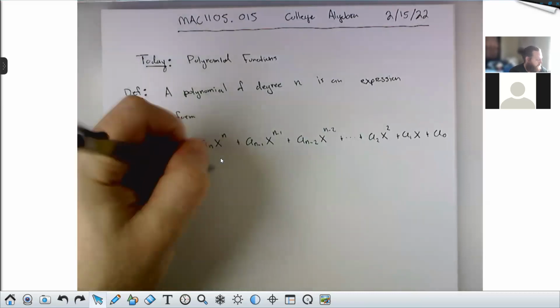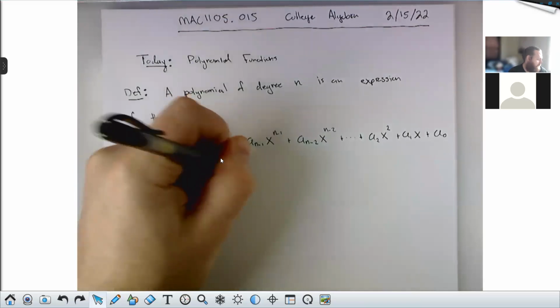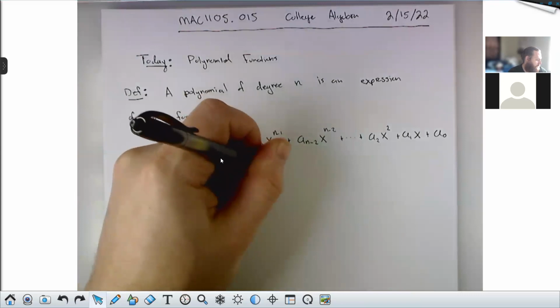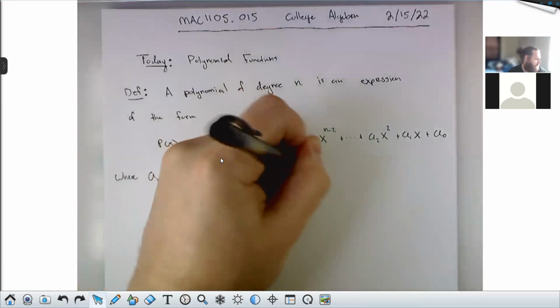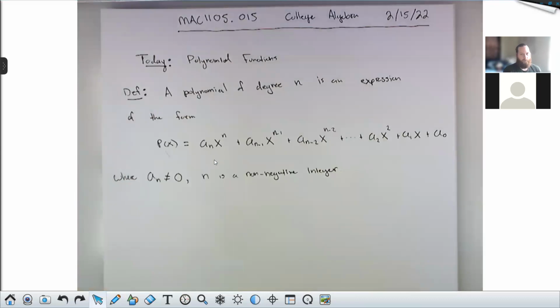We say also that n is a non-negative integer. So n has to be a whole number, and it cannot be negative. It could be 0. It could be the case that you just have a constant term, but it cannot be negative, cannot be a fraction, cannot be a weird decimal.